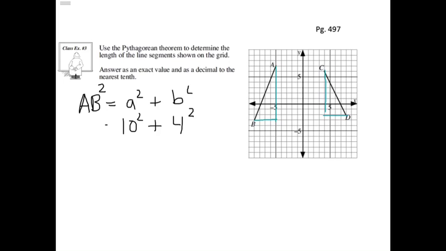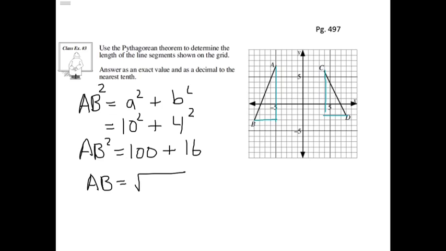So working this one out, AB squared is equal to 100 plus 16, which would mean that AB would be the square root of 116. Since we're finding an exact value, you have to reduce this.